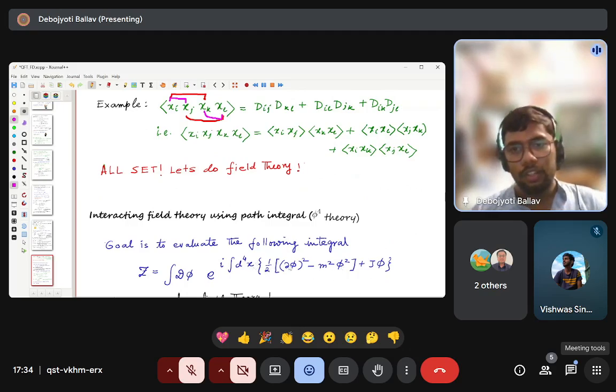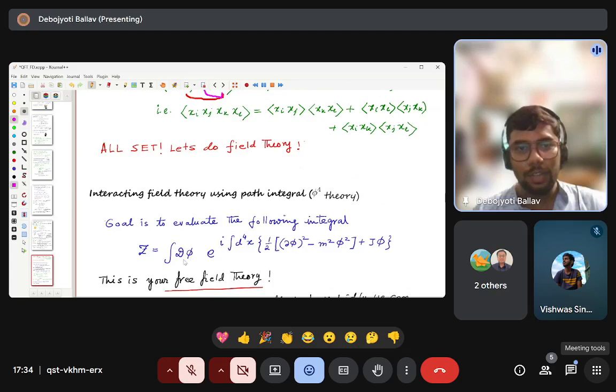So you will write your scalar field action in the integral, and this is what is known as a path integral. You can write down this path integral in terms of d phi. This phi you can think of as a function of x, where x is a space-time point, not a spatial point, and this is your scalar field action.